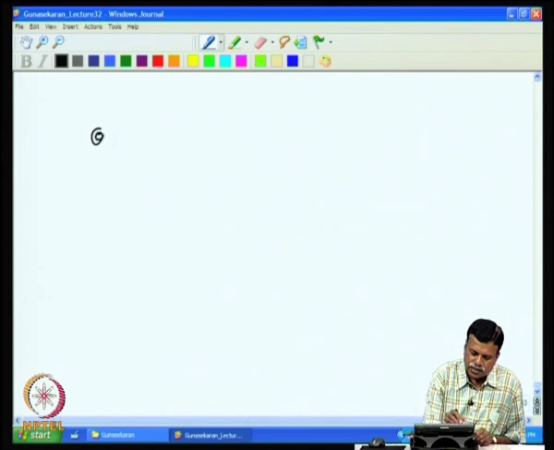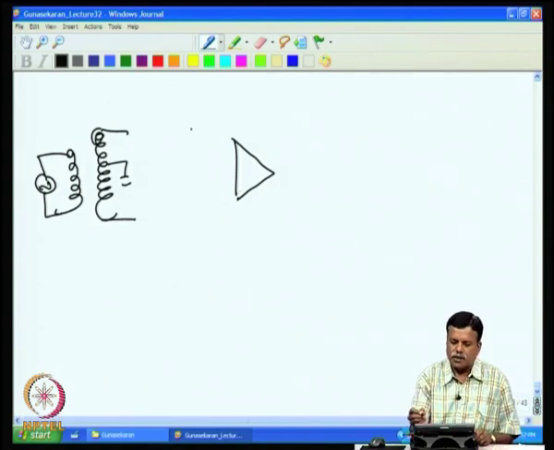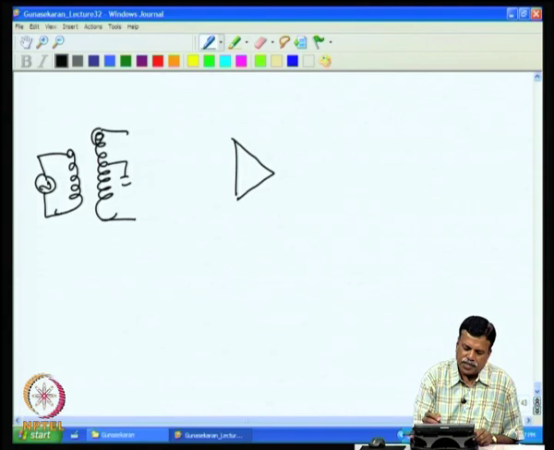Now, let us take this transformer secondary, and then I connect the input here, that is an AC. First we will take the space variation.